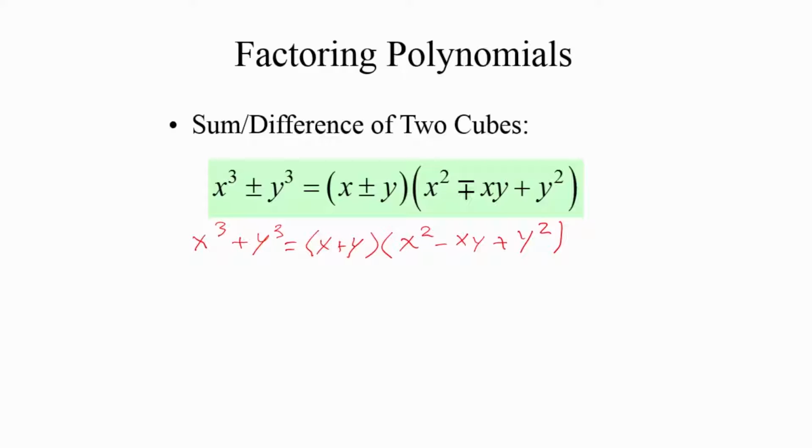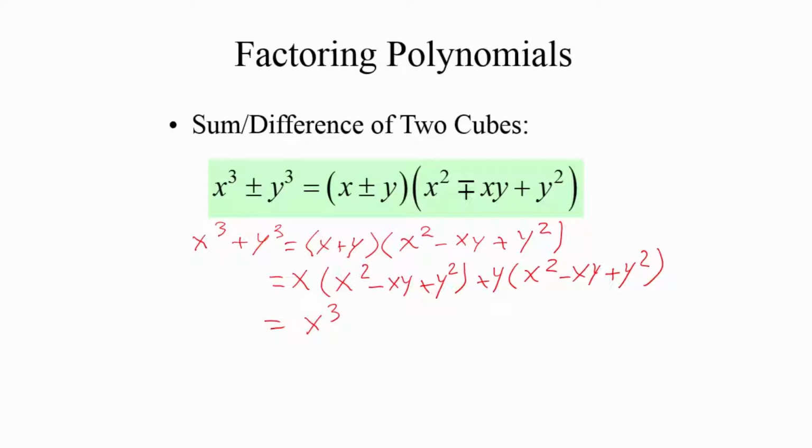Again, if you multiply these two parentheses together, you're gonna get this. So let's test that. So that would be equal to x plus y times this. So x has to be multiplied by everything here, and y has to be multiplied by everything. So let me write it down. X times x squared minus xy plus y squared, and plus y times x squared minus xy plus y squared. We multiply. X times x squared is x to the third.